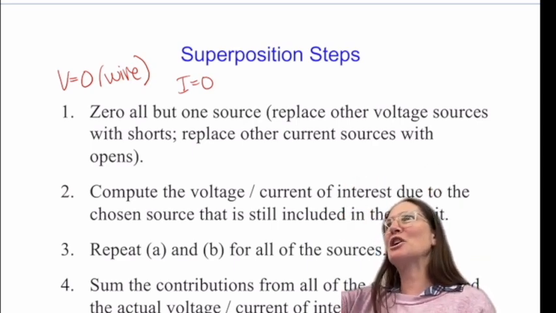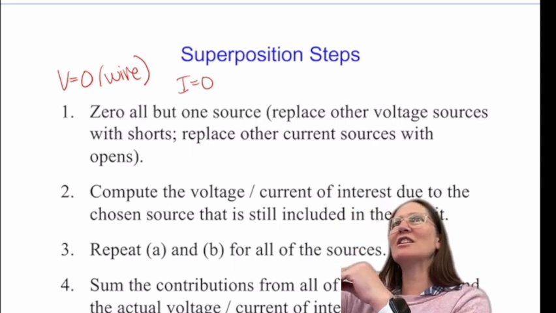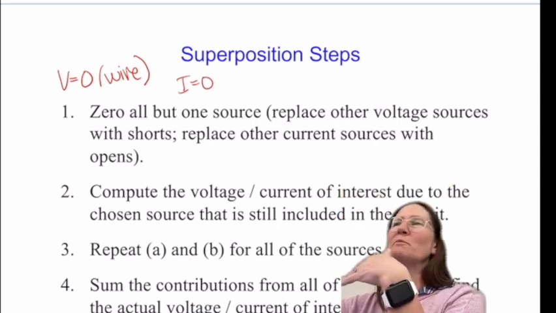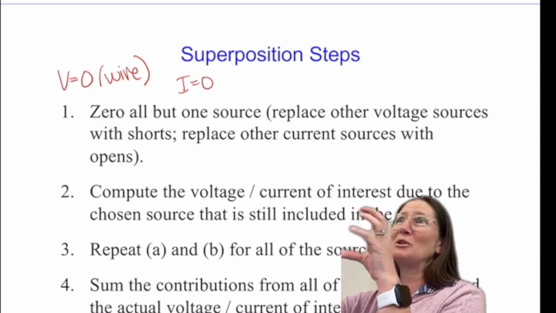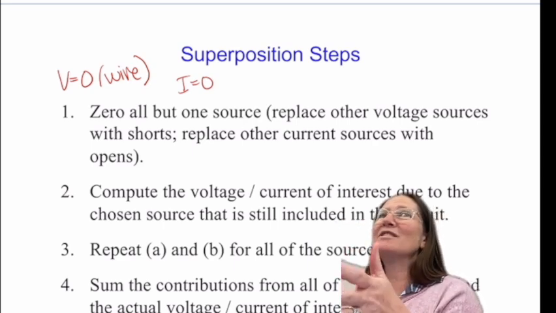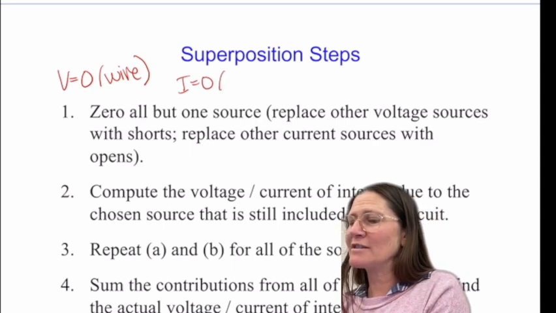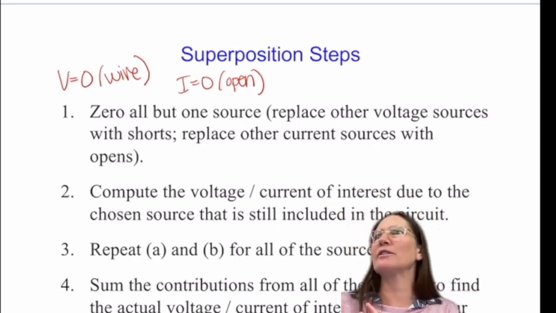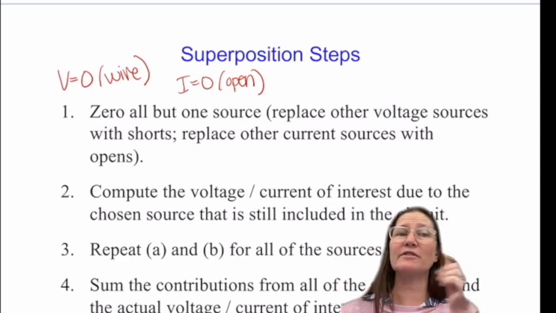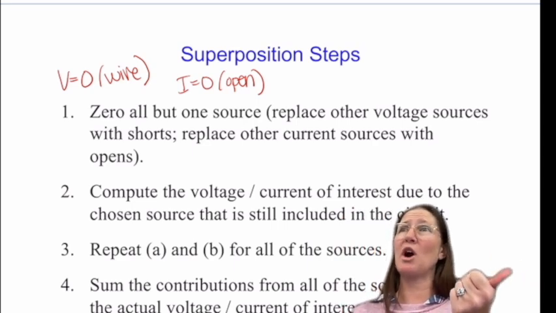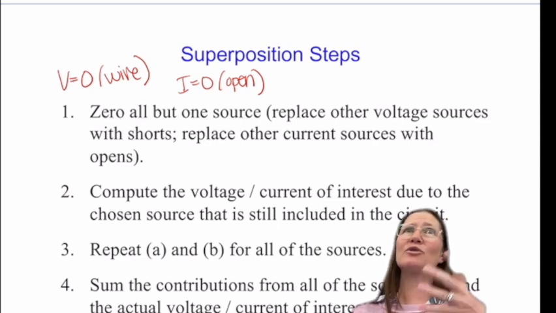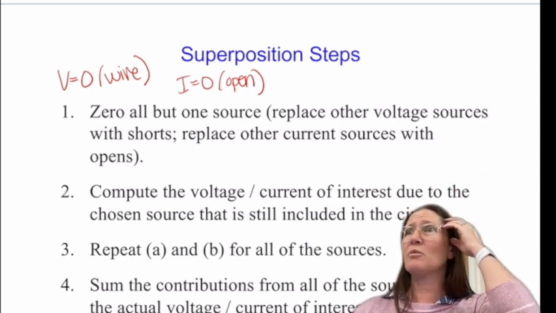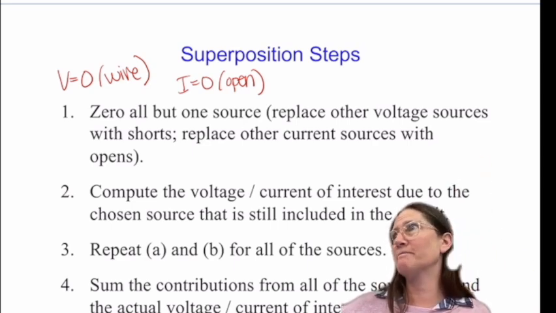Remember that from the video, if it's not connected to anything, a dangling wire, no movement of those little balls that were in the tube. And so you have 0 current, that's an open circuit. So that's how you're going to model these. If you turn off a source, if it's a voltage source, you're going to replace it with a wire. If it's a current source, you're going to put an open at the location of where it is.